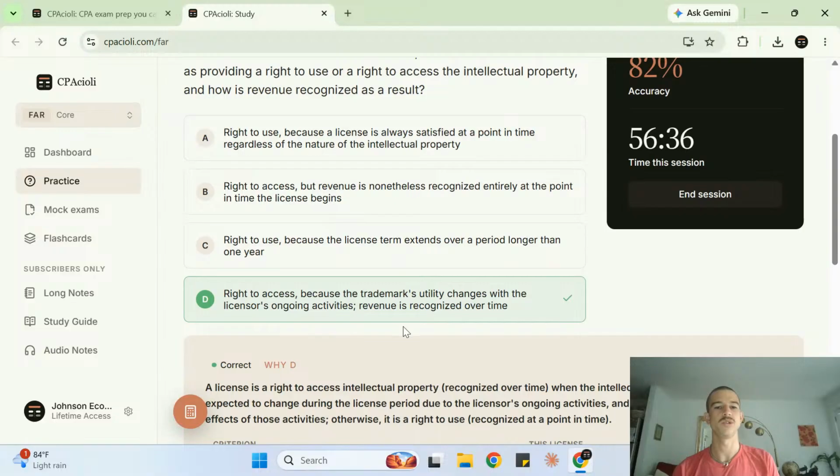All right, to access, because the trademark's utility changes with the licensor's ongoing activities. Revenue is recognized over time.